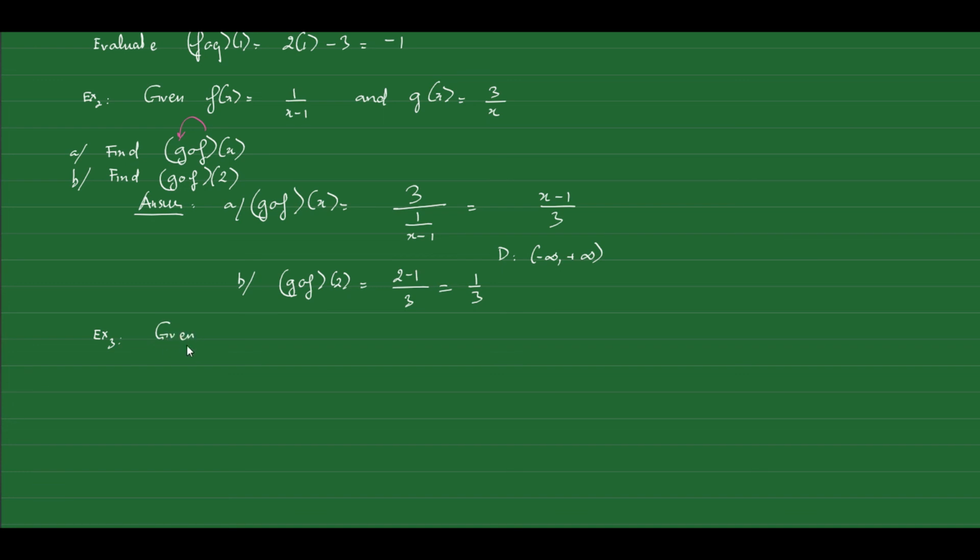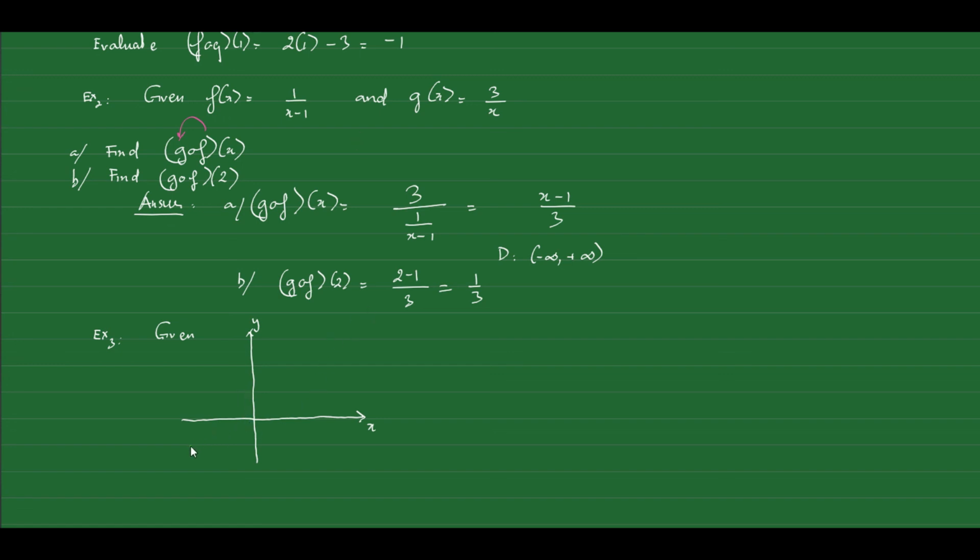What if I have a graph like this? Okay, I have the graph like this, and on this graph I have 2 functions.